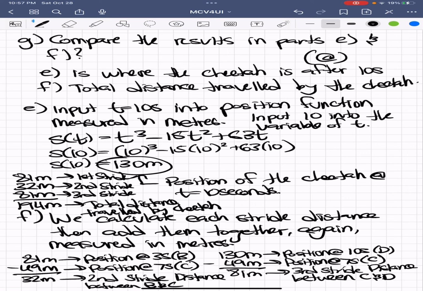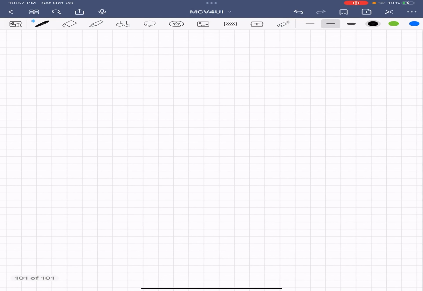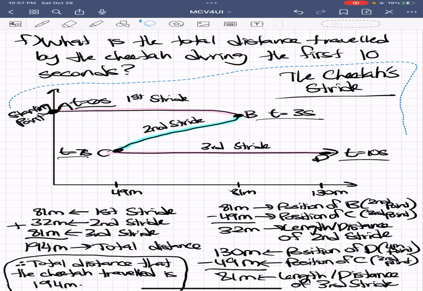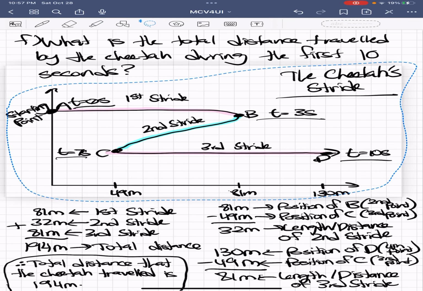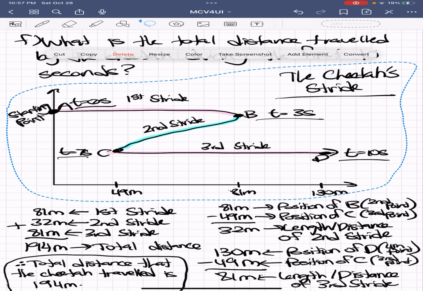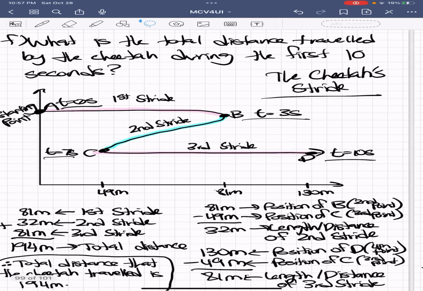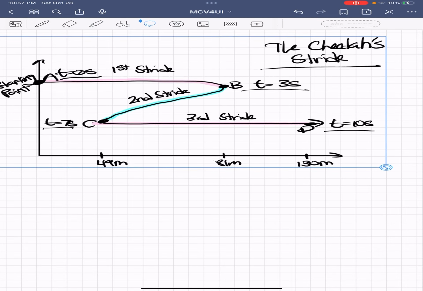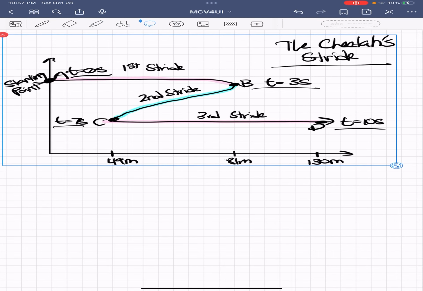And now it's time for us to do a diagram.